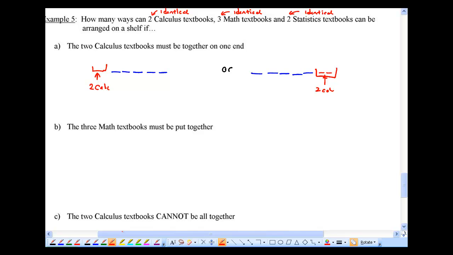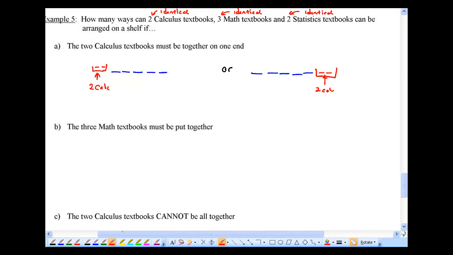But you see how the 2 calculus books kind of create only one spot. So instead of actually having 1, 2, 3, 4, 5, 6, 7 spots, there's only now 6. Okay, but these spots are also fixed, so they must be at one end.